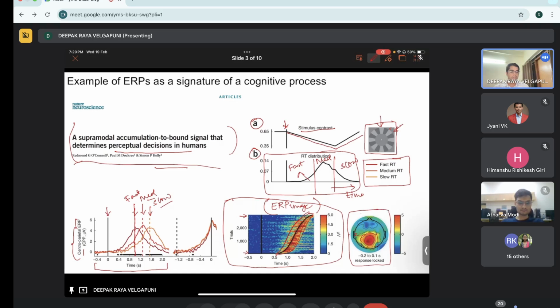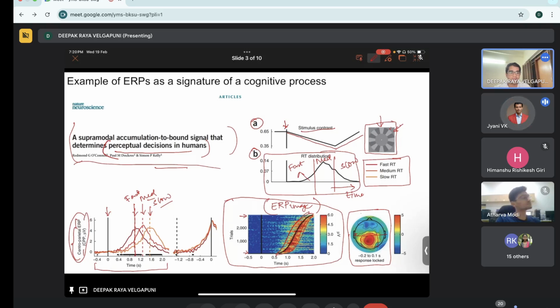This is the occipitoparietal region, the lower half, and in that you see the parietal region giving the highest response. So this shows that for this kind of perceptual decision process, this centroparietal ERP is informative, or it's a signature for perceptual decision making, because it is varying with one of the task parameters, that is the decision time.